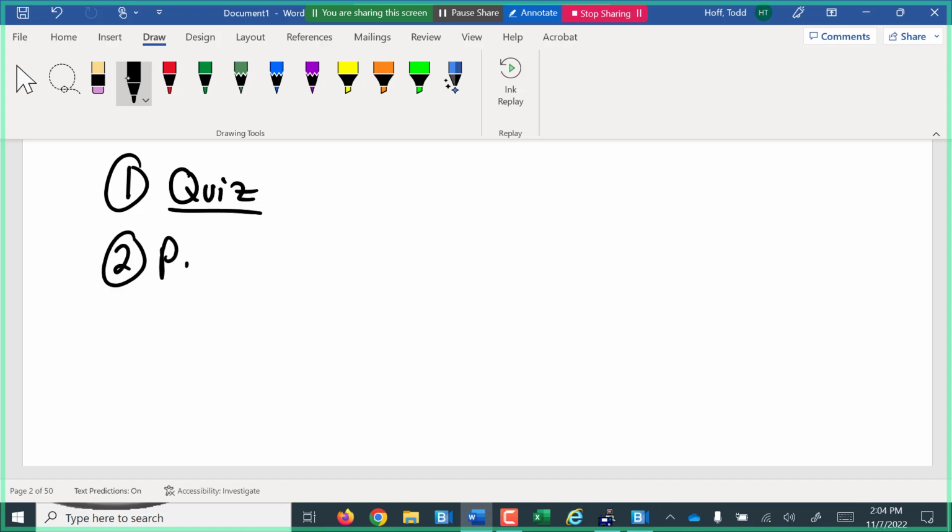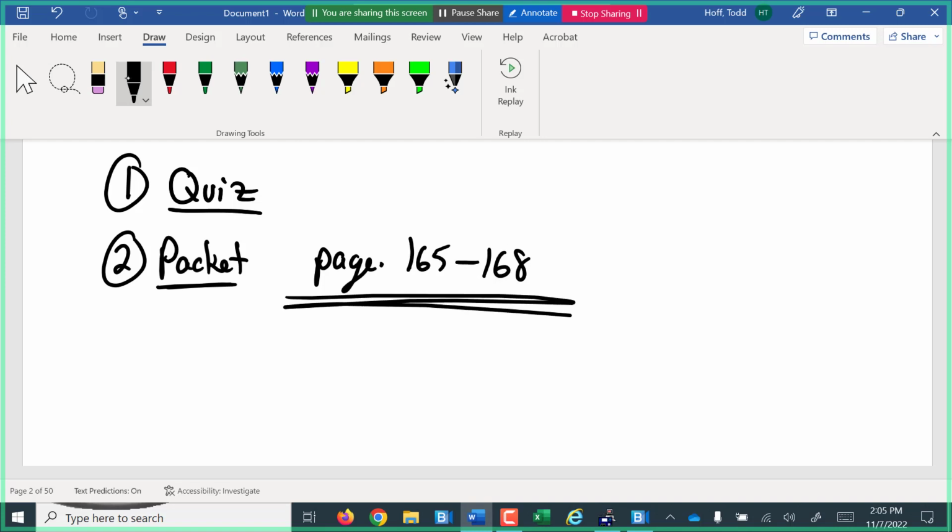Then the second is in that big packet we gave you last week. It's page 165 through 168. It has again the gray boxes with problems in it. On Friday, we will take some time to go through some of those problems, just to make sure you guys are on track with them.